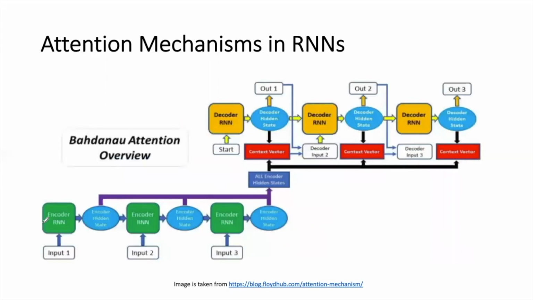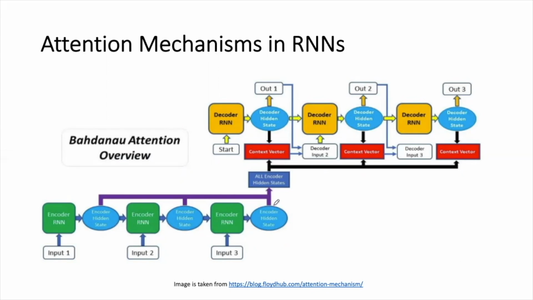So coming to the attention mechanisms in RNNs, this is one attention mechanism, the Bahdanau or additive attention mechanism. Here, we have the encoder portion where the input is passed to the encoder, and we have encoder hidden states.